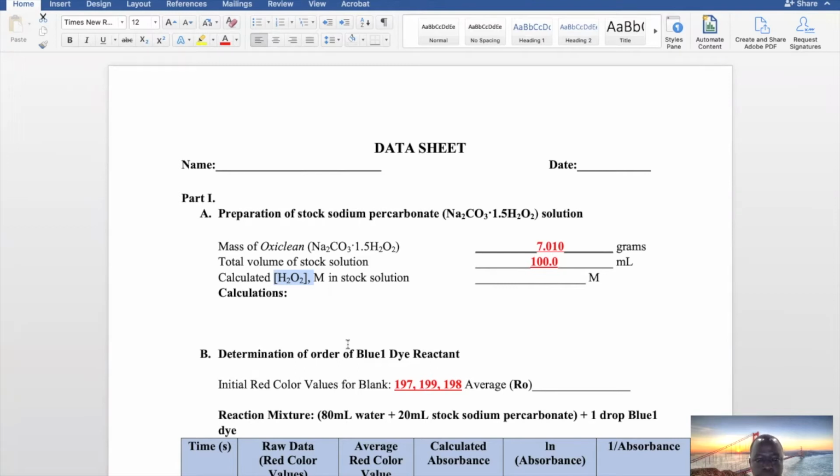Now let's look at part 1B, determination of order of reaction with respect to blue dye 1. At the end of the day, you'll write the rate of reaction.